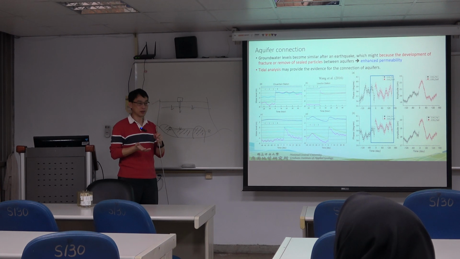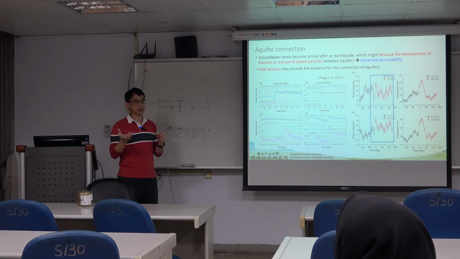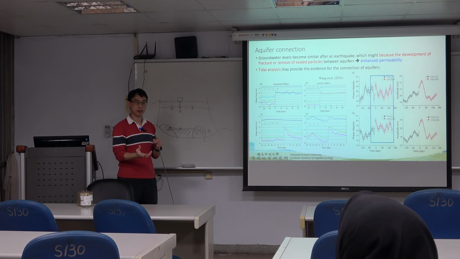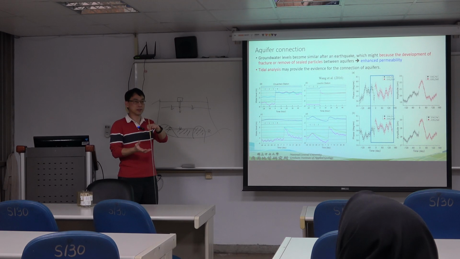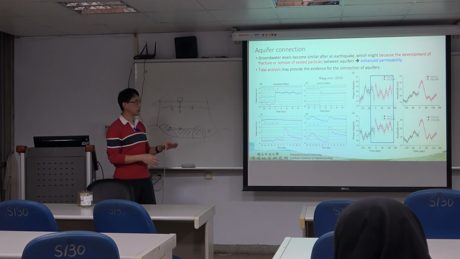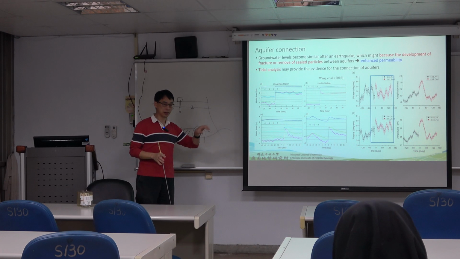Earth tide means that we know the sea tide is affected by the moon. So the moon also affects barometric pressure, and also affects the solid earth. For the solid earth, we call it earth tide. For the barometric pressure, we call it barometric tide. Although the contribution might not be significant, so commonly the sea tide is used. And this kind of concept is used in the earth tide.